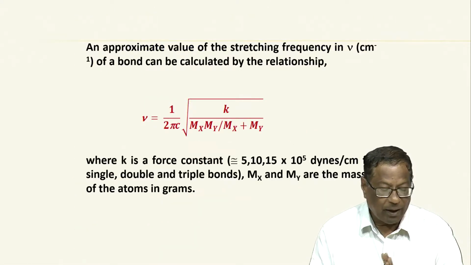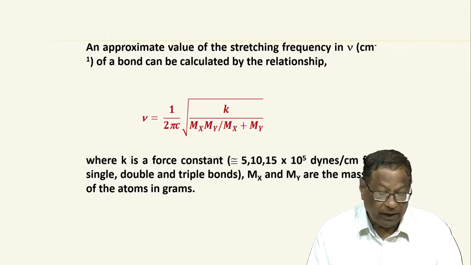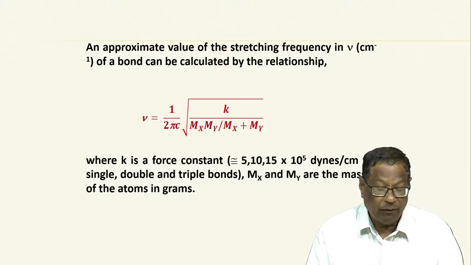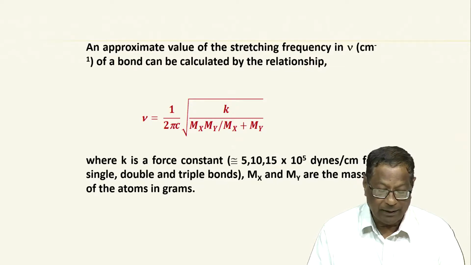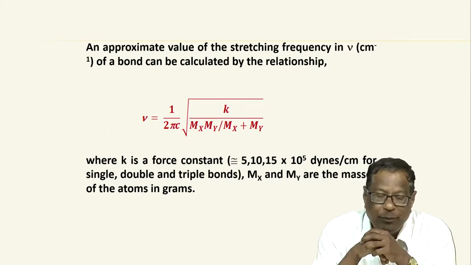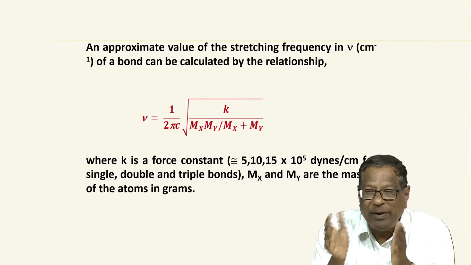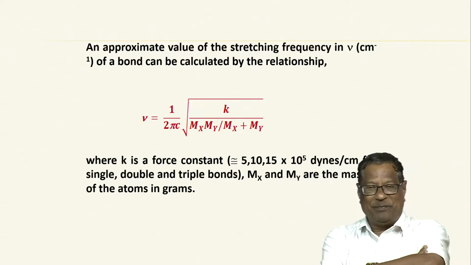Now, an approximate value of the stretching frequency of a bond can be calculated. This is a little bit theoretical and we are not going into the details, but you can calculate where an IR peak occurs in a given system.